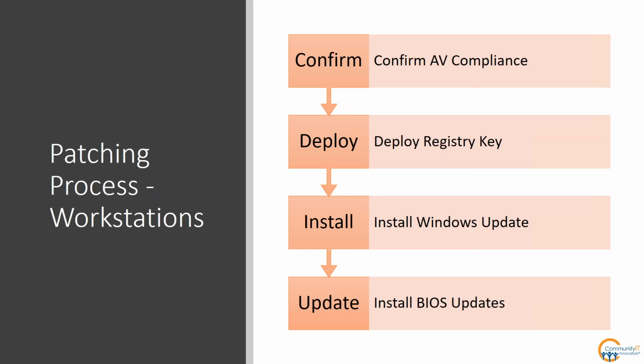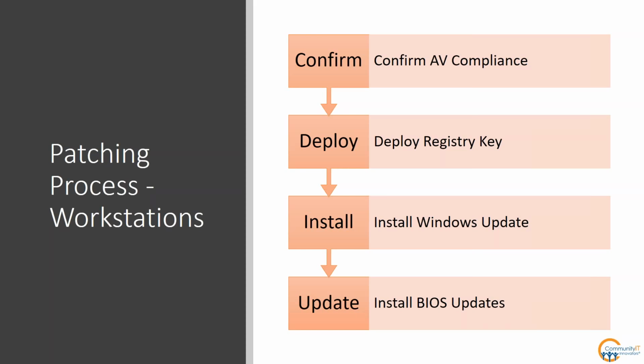Yeah, so I know we have a range of attendees on the webinar today, but for those of you that are already clients of Community IT, this is something that will be delivered automatically through our management platform. The Windows patches and the keys have already been deployed and updated, and now we're waiting on the vendors to provide those BIOS level updates for the workstations in your environment.